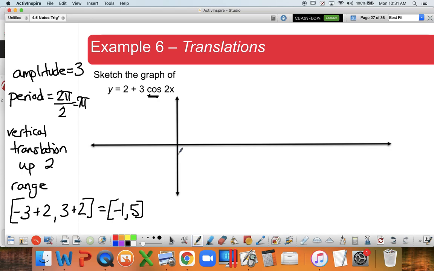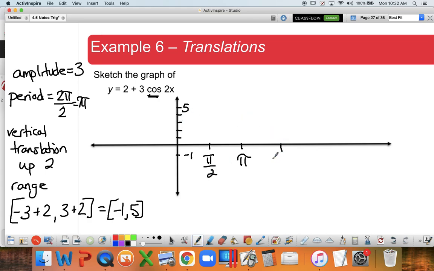So when I plot this on my y-axis, right, I need to go -1, 2, 3, 4, 5. That is kind of where my cosine curve is going to go. And I'm going to break this up. Knowing that my period is just pi, I'm just going to do pi over 2, pi. So by there, I should complete a full cosine curve.